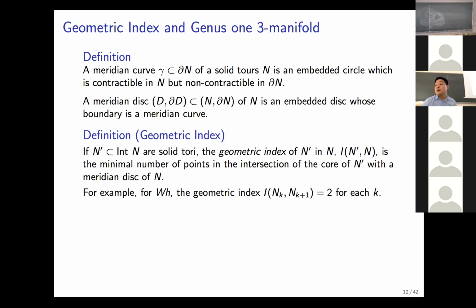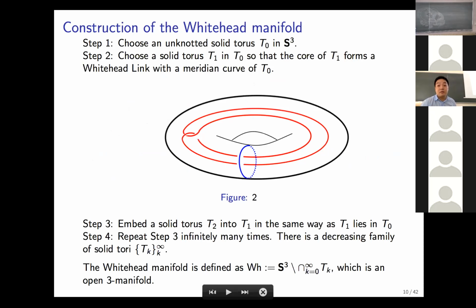Let's go back to the picture. Here, we can find a disk bounded by the blue curve. The disk will intersect the red curve at 2 points. So from this picture, we know the geometric index is equal to 2.